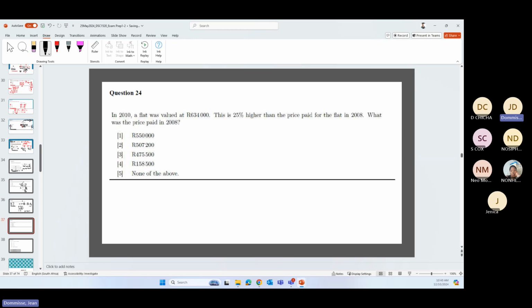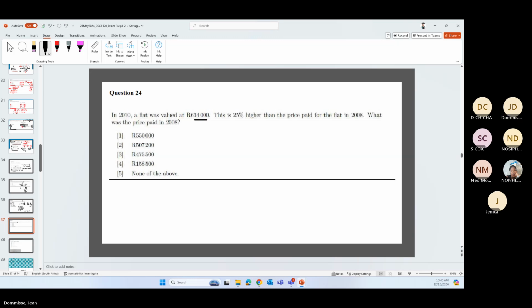So let's work out. In 2010, a flat was valued at 634,000. This is 25% higher than the price paid for the flat in 2028. What was the price in 2028?